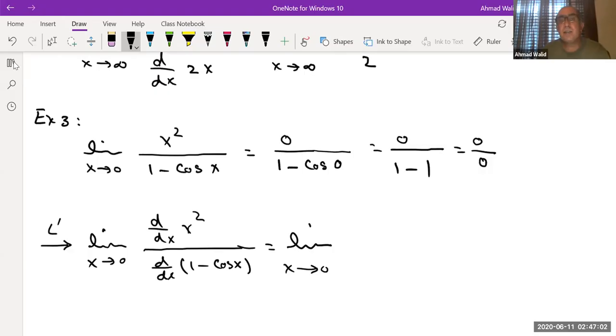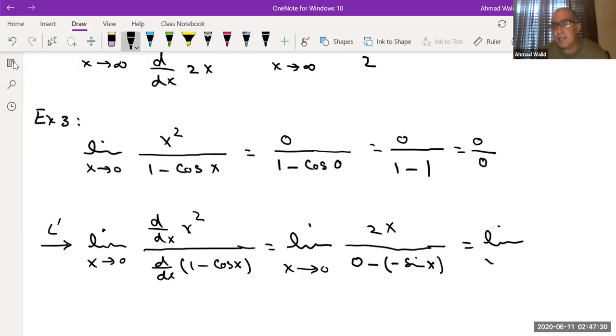The derivative of x squared gives you 2x over the derivative of 1, which is 0, correct? And the derivative of cosine x is negative sine x. But look, it's like this: 0 minus the derivative of cosine x, which is negative sine x. If you simplify, it gives you limit as x approaches 0 of 2x over positive sine x, correct?